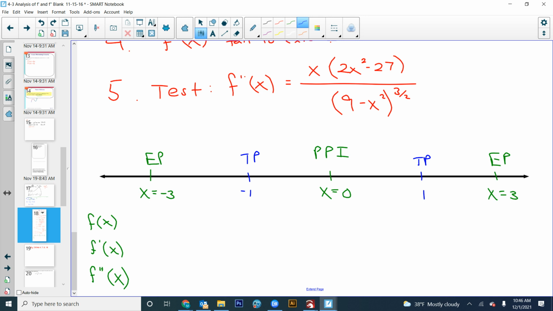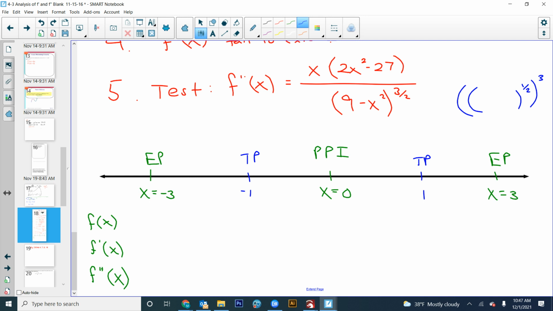Because guess what? When you square root something, isn't this to the 1/2 and then cubed? When you square root a number, not plus or minus the square root, just the square root, you're going to get a positive. When you cube that, you're going to keep it positive. I don't really need to test the denominator. The numerator is what?